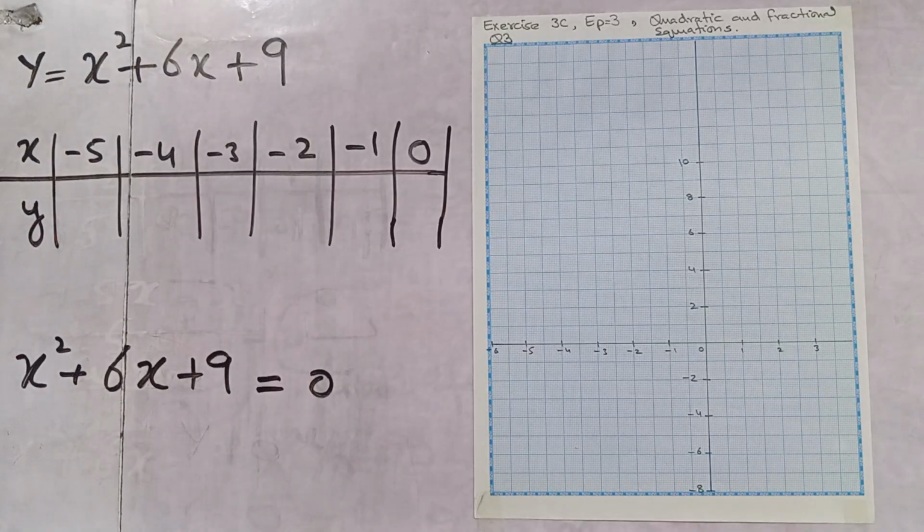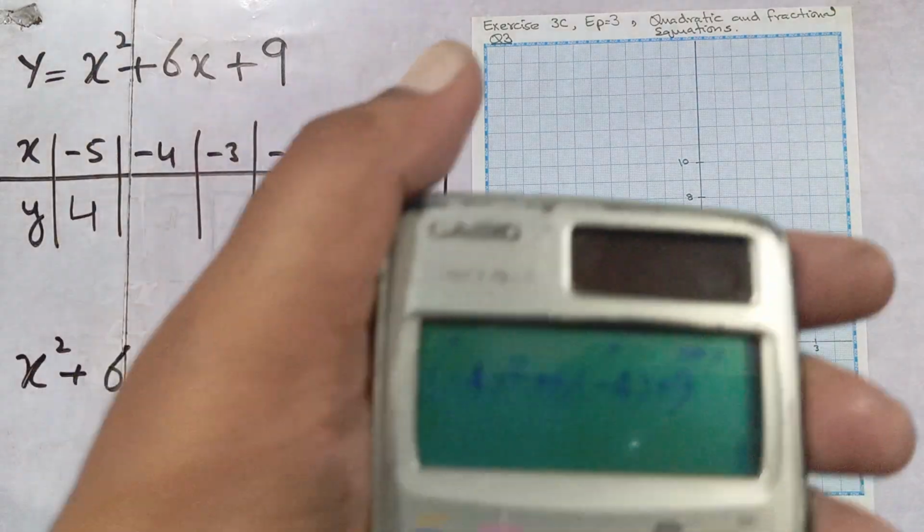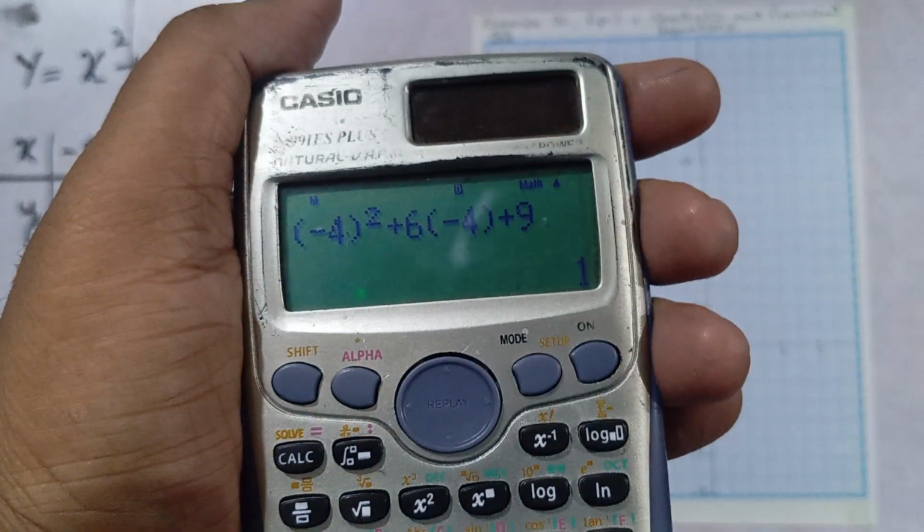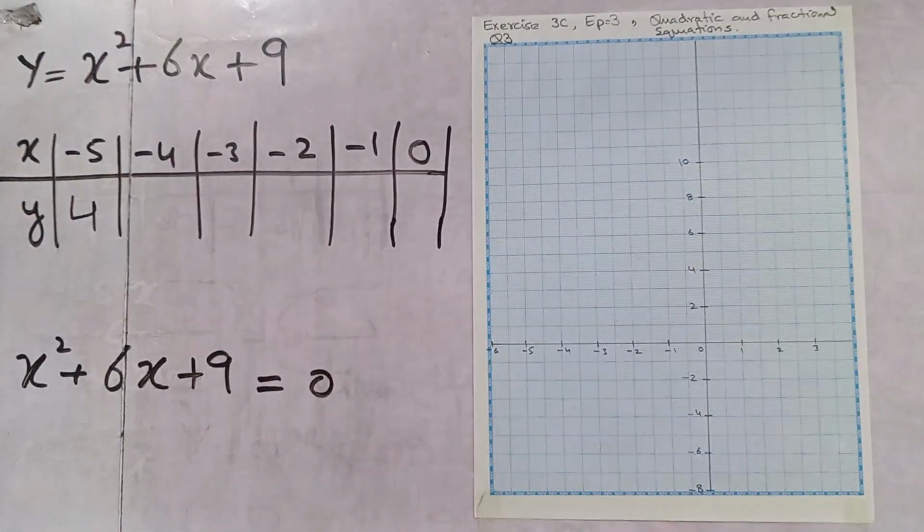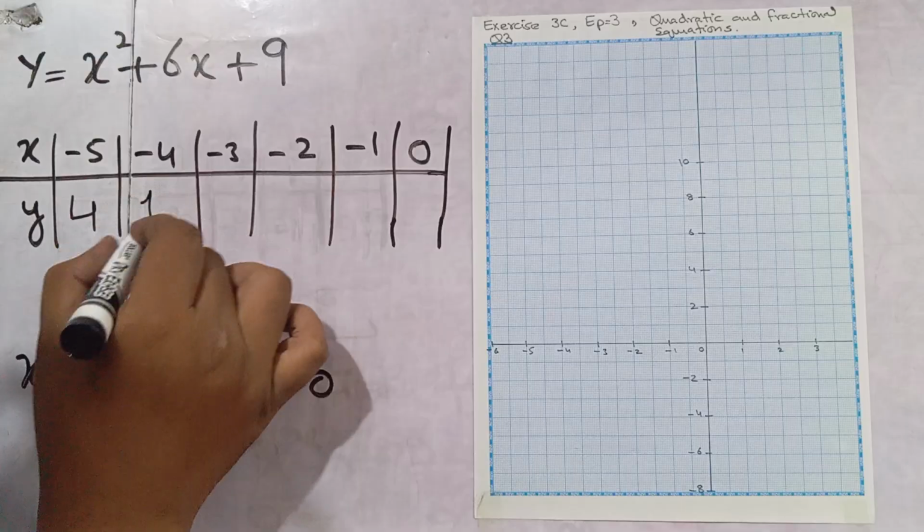So I write 4 here. Then bracket -4 squared plus 6 bracket -4 plus 9 equals 1. So I write 1 here.